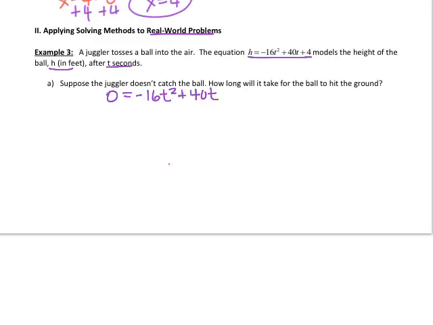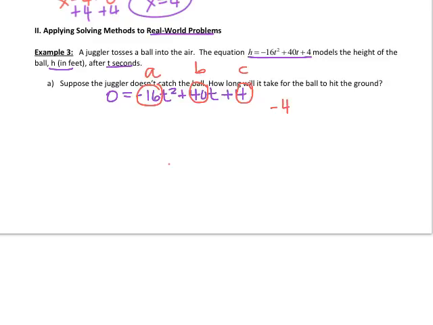And if we're going to be using the quadratic formula, we need to identify our A, B, and C. Negative 16 is going to be A, 40 is going to be B, and C is going to be positive 4. And so now I just really need to plug in my information.